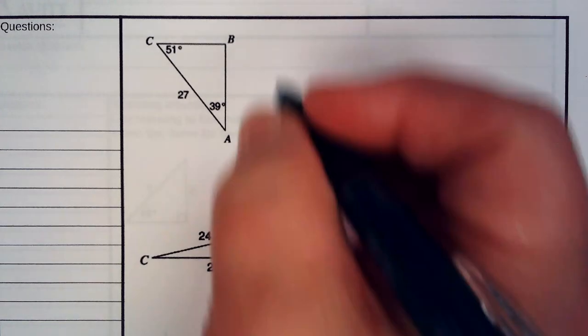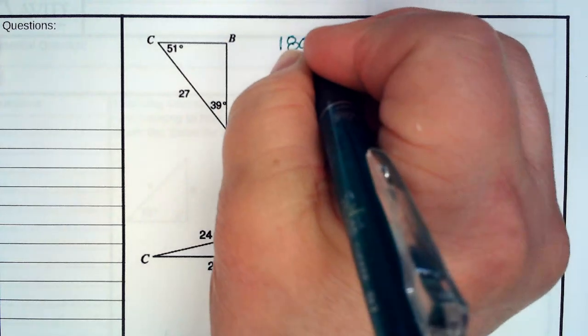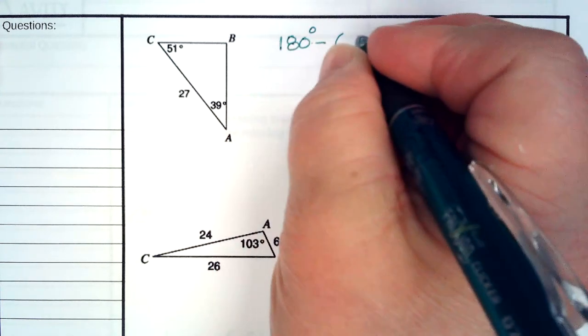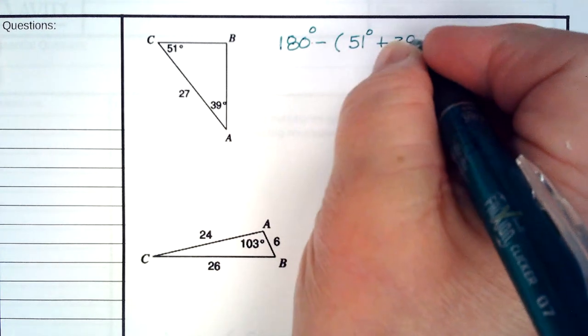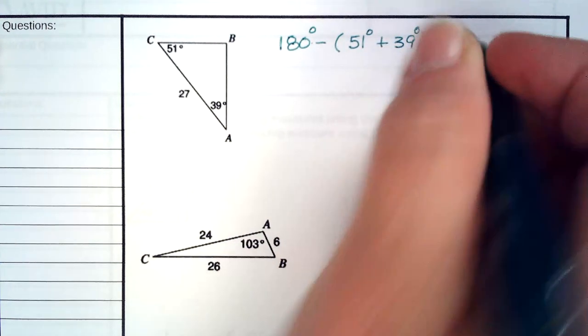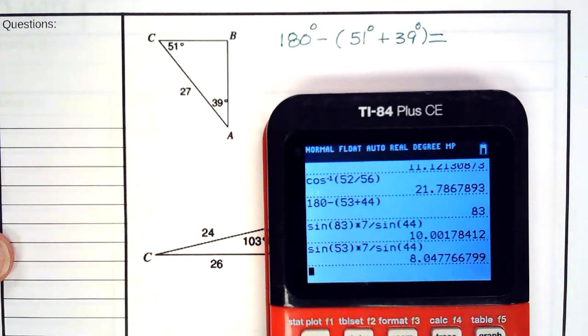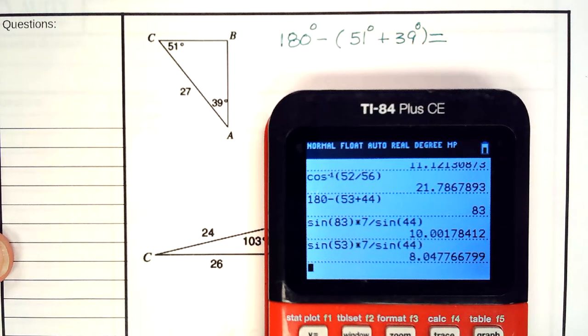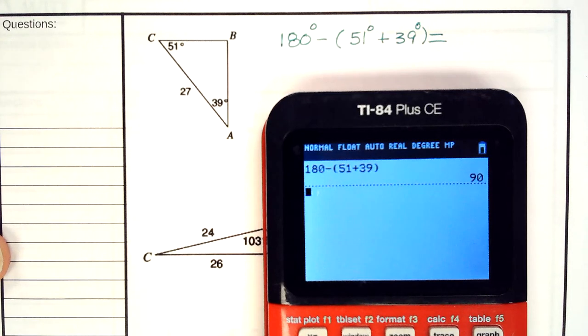I hope you tried. So it will start out 180 degrees minus 51 degrees plus 39 degrees is equal to 90 degrees.